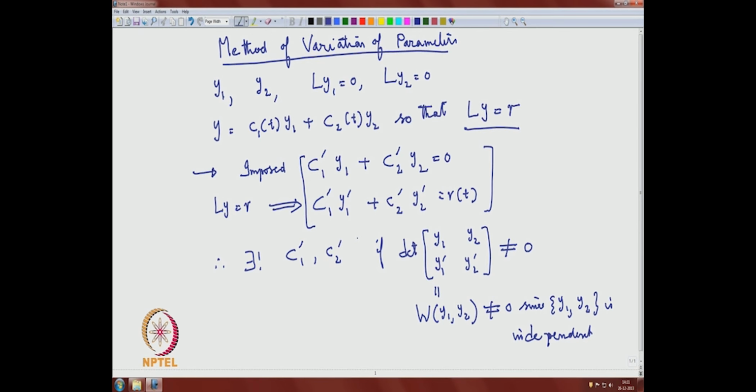So, we are through in the sense that this is non-zero. So, there exist unique C 1 prime and C 2 prime. In fact, you can write down the solutions quickly; it is a linear system with two unknowns.